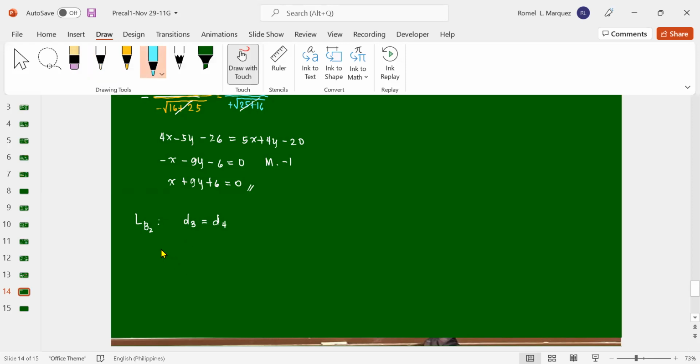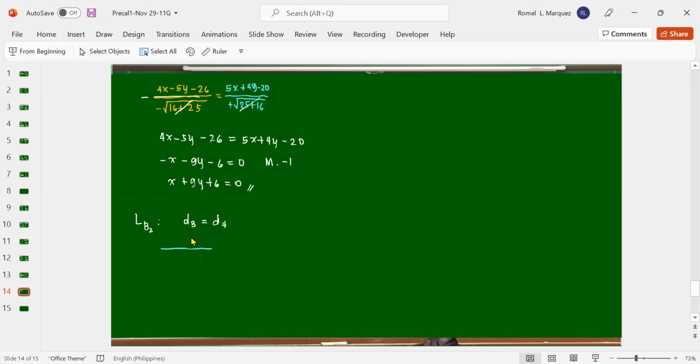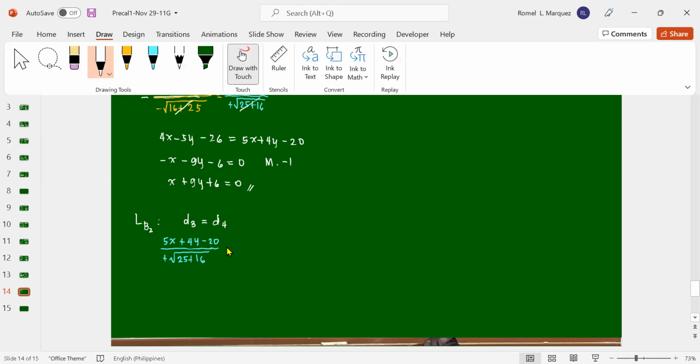So D sub 3, distance from the blue of XY, is 5 times X sub 1, that is X, plus 4 times Y sub 1, is Y, minus 20. What about the denominator? Positive, because of the coefficient of Y. So 5 squared, that is 25, plus 4 squared, 16. On the right side, we have yellow, no?